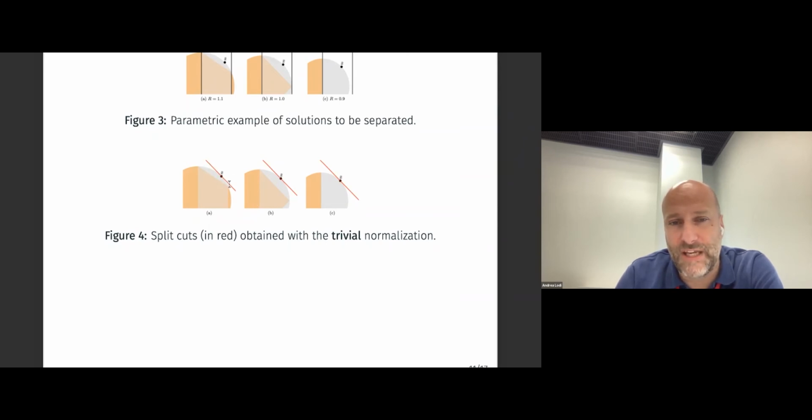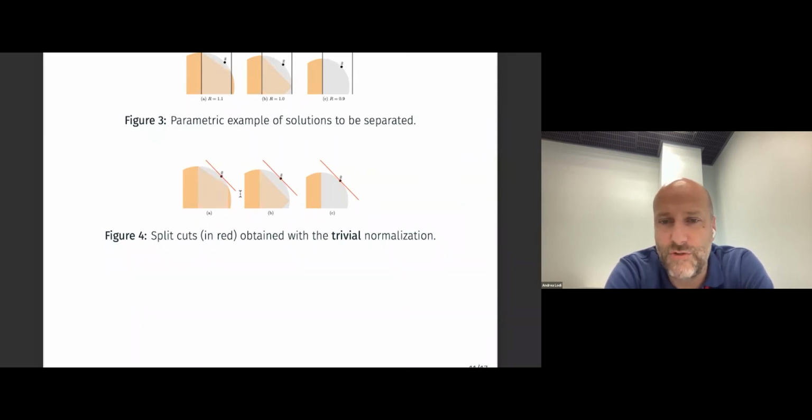What I'm producing is just an outer approximation cut, a linearization cut, which in all three cases is a linearization cut passing through x bar.